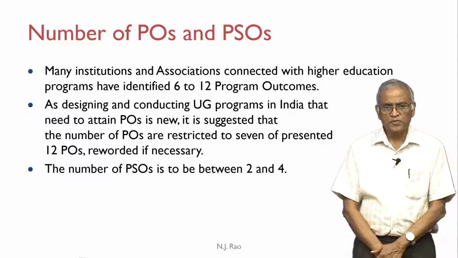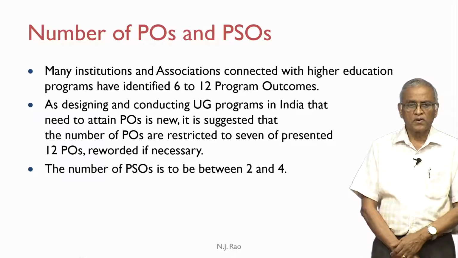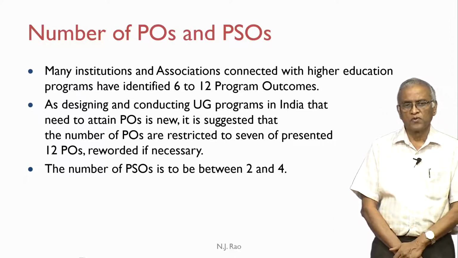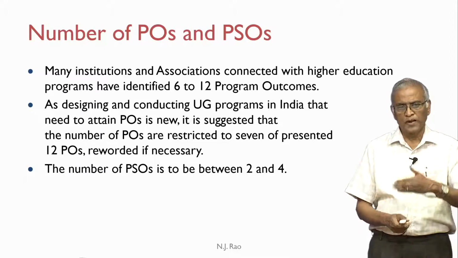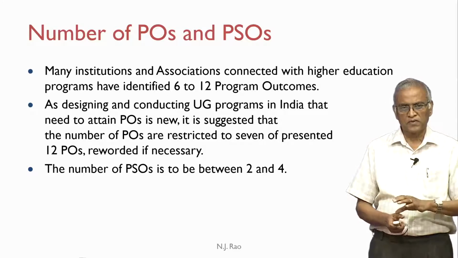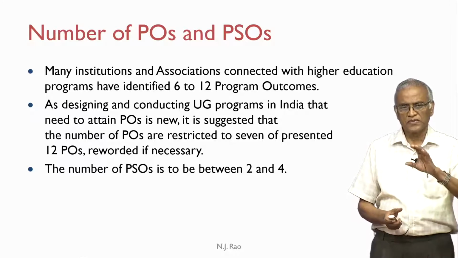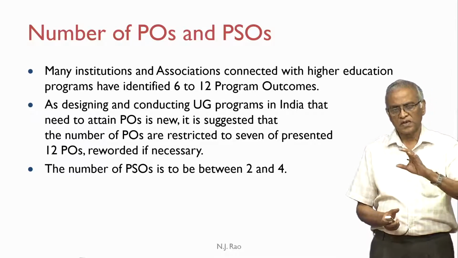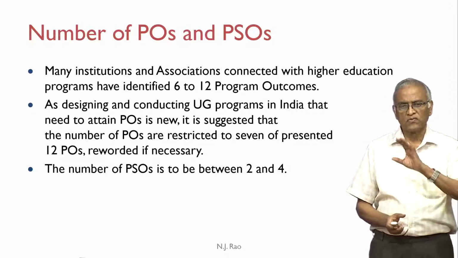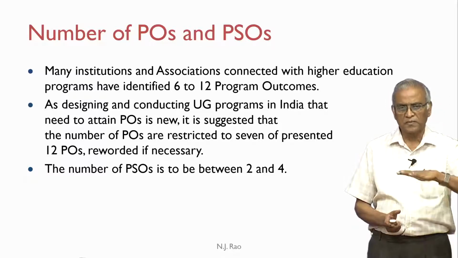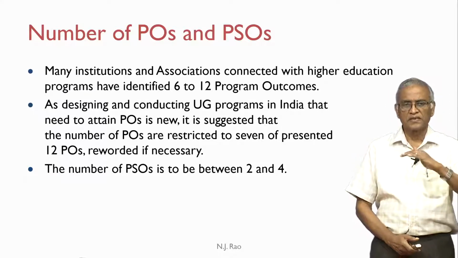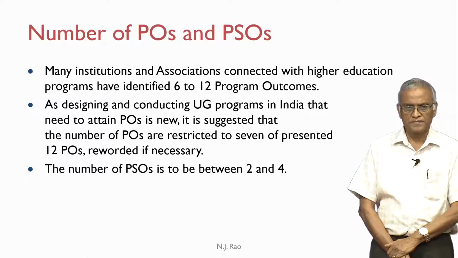Whereas, when it comes to PSOs, you can only write 2 to 4, not more than that. So, at the level of program, now you have POs and PSOs. If you have 7 POs and let us say you have 4 PSOs, you have 11 outcomes at the program level, and you have to establish that you have attained these 11 outcomes.